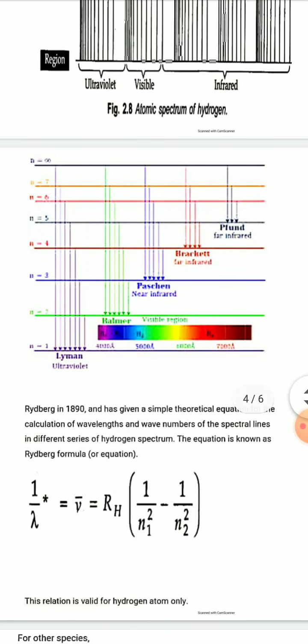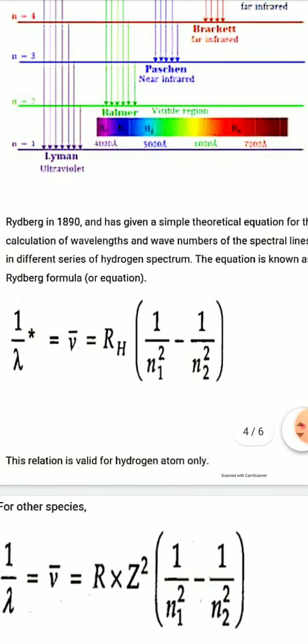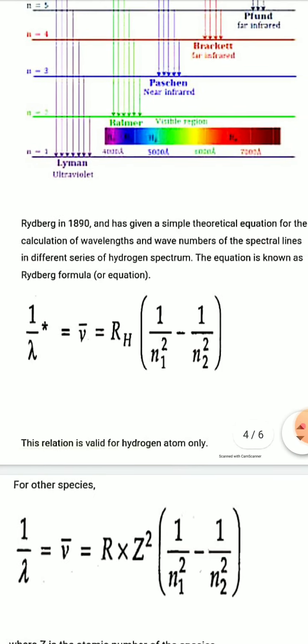Here, the scientist Rydberg in 1890 gave a simple theoretical equation for the calculation of wavelength and wave number of the spectral lines in different series of the hydrogen spectrum. The equation is known as the Rydberg formula or equation. In the Rydberg equation, lambda is the wavelength of radiated light from the hydrogen atom.